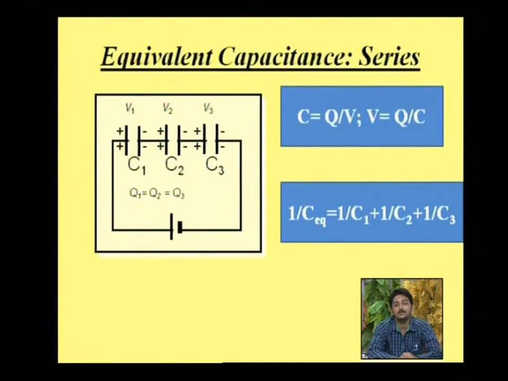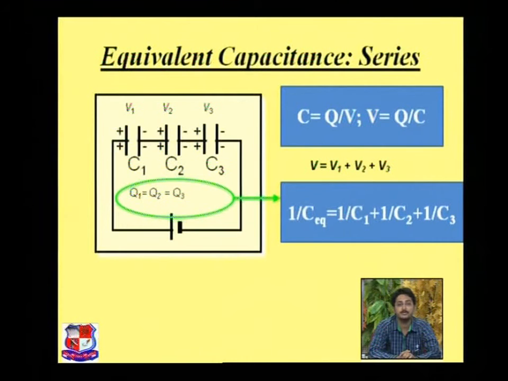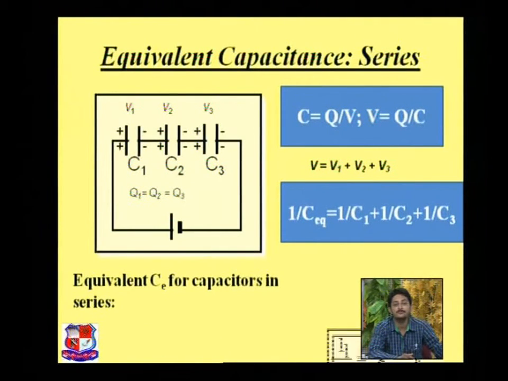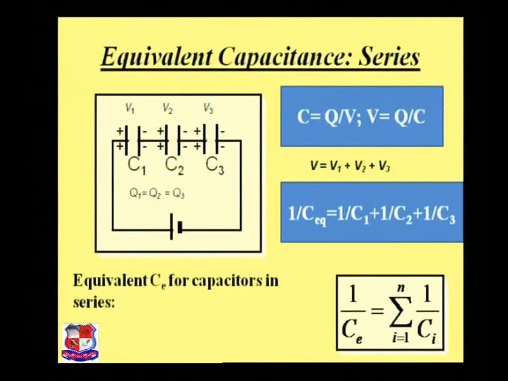Putting the values there, our Q cancels out. So the final equation is 1 by Ce equals 1 by C1 plus 1 by C2 plus 1 by C3. This is the common equation if you are finding the series capacitor.